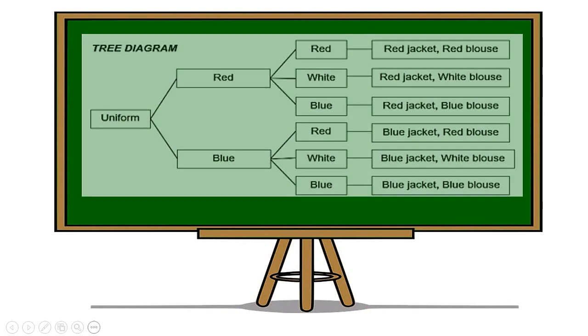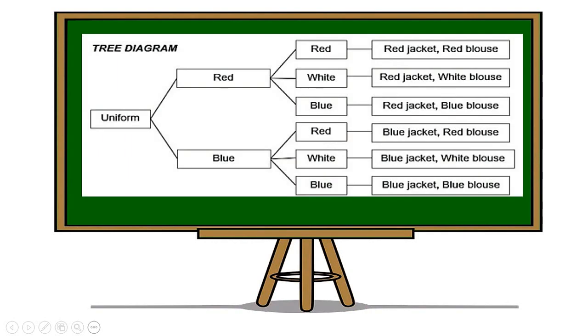We may also use the other solution here using tree diagram. As you can see, we have here the two colors of the jacket, which are the red and blue, and the three different colors of the blouses. So we may pair the red jacket and the blue jacket here in the three different colors of the blouse.